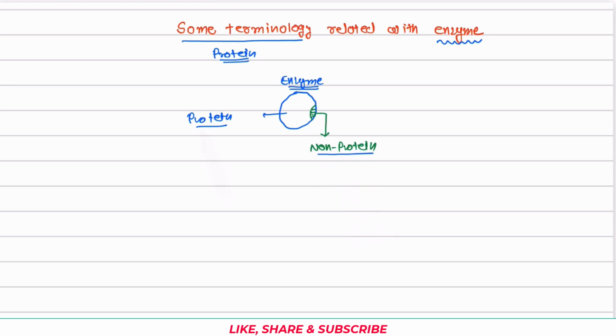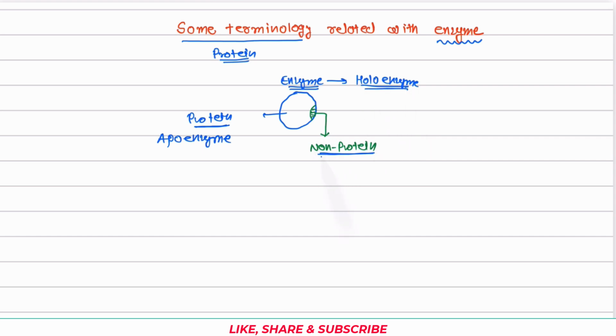In such a case, this larger protein part is called an apoenzyme, right? And when this apoenzyme is combined with the non-protein part, such enzymes are called holoenzymes. This complete assembly will be called a holoenzyme.